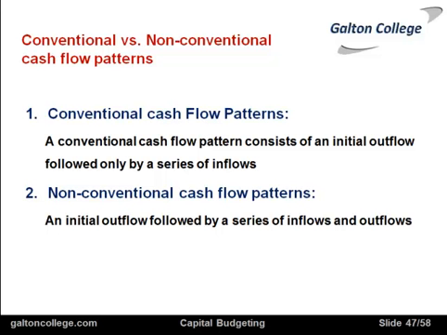The non-conventional ones are caused by the initial outflow into a capital project, which costs perhaps quite a bit of money and would enter into the cash flow because it will significantly dent the cash flow for that particular time period. So it's not conventional. It's an unusual thing that happens. People don't make decisions to invest every day. People don't make decisions to spend a lot of resources all the time. These are things that just come up once in a while.